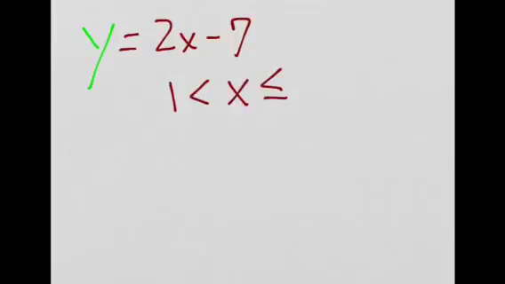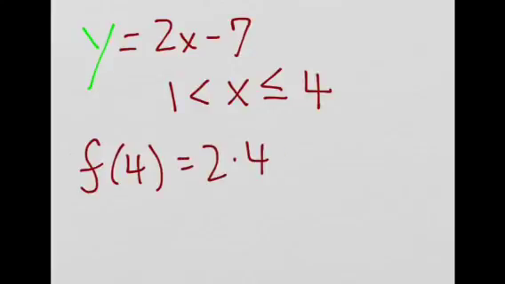So they're showing you the function, y equals 2x minus 7, and they're saying that 1 is less than x, which is less than or equal to 4. So when you plug 4 into the equation, we could call it f of 4 equals 2 times 4 minus 7, which is going to be 1.